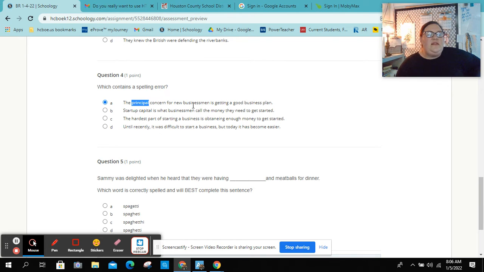Concern for new businessmen is getting a good business plan. Startup capital is what businessmen call the money they need to get started. The hardest part of starting a business is obtaining enough money to get started. Until recently, it was difficult to start a business, but today it has become easier.